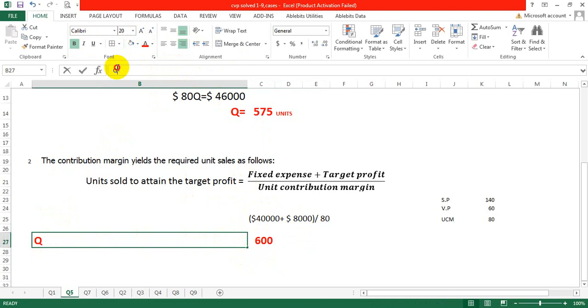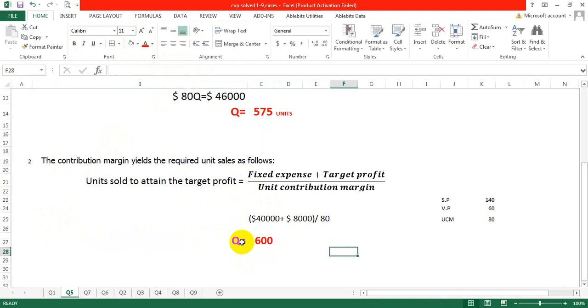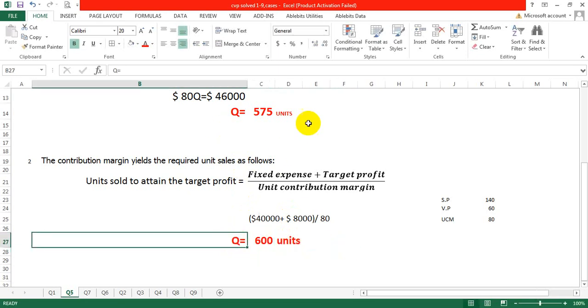If I want to attain the target profit of 8,000, the company must sell 600 units.